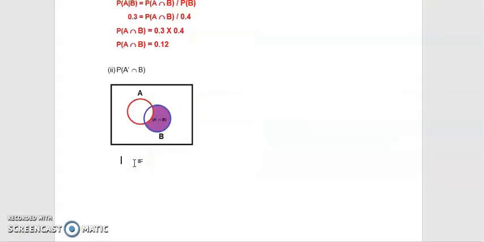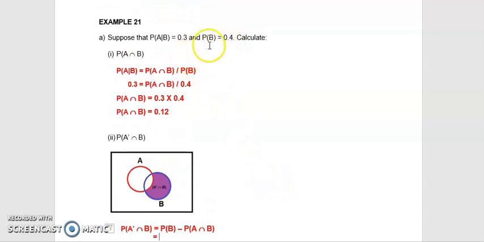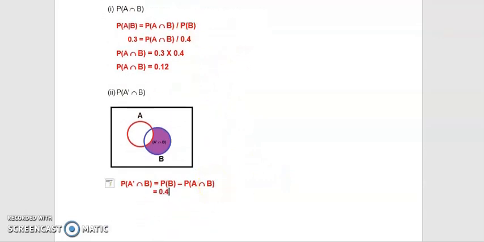Okay, now look at how to write the answer. Probability of A prime intersect B is given by probability of B minus the probability of the area in the middle, which is probability of A intersect B. We know that probability of B is 0.4, minus probability of A intersect B, which is 0.12.